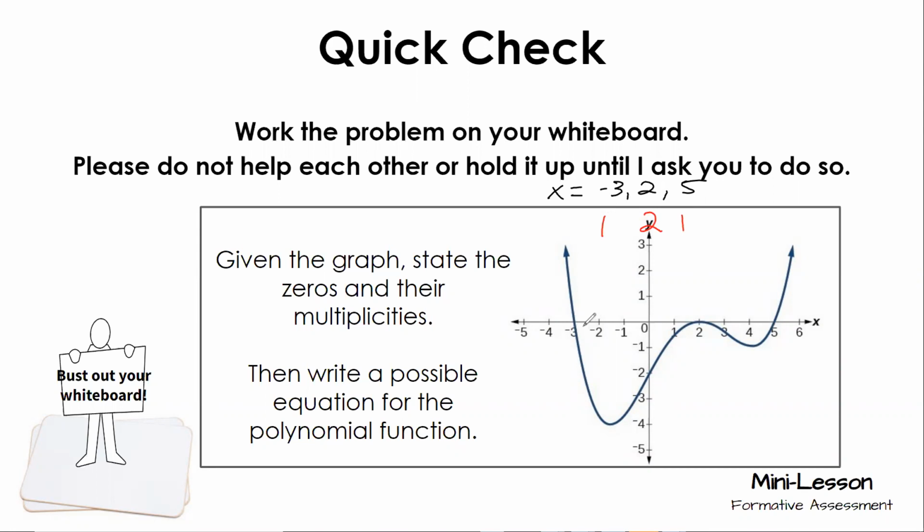Now we're going to write the equation. So we always change the sign, slap an x up in front of it, and then raise it to whatever the multiplicity is, right? x minus 2 to the second power, x minus 5. Ta-da!